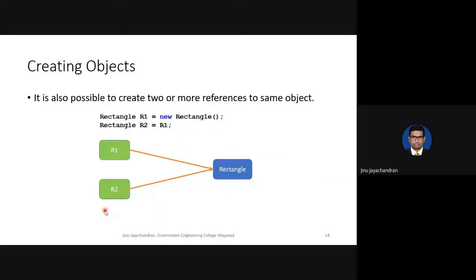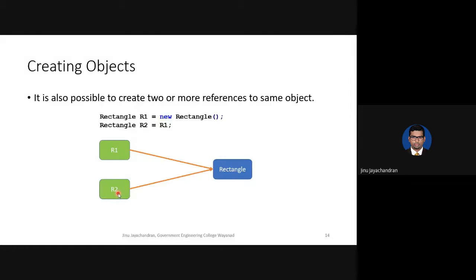But I can assign an object to another object. Okay, so Rectangle R1 is equal to new Rectangle. Then you say Rectangle R2 is equal to R1. If I do that, both R1 and R2 will be pointing to the same memory location. So any changes you do using R1 will get reflected in R2, or the same change will happen in R2 also.